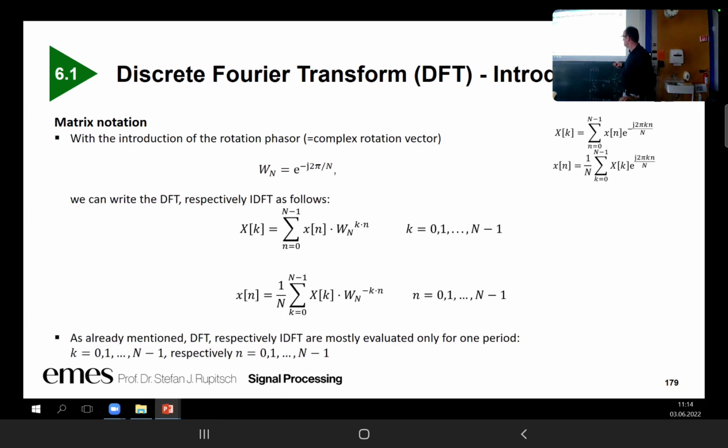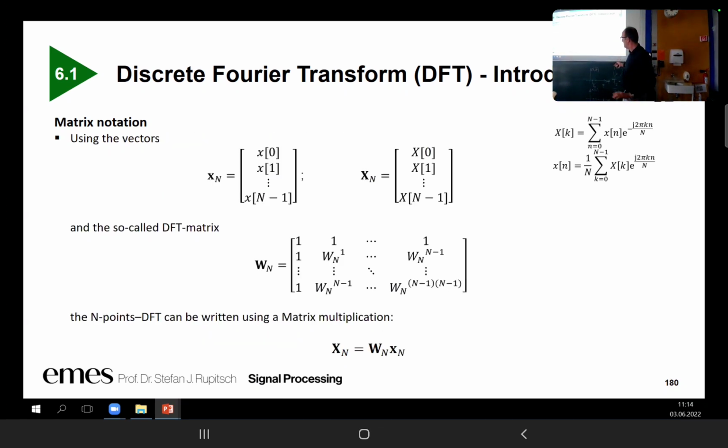And this summation is required due to this summation here. Therefore, we can simply write this down. The discrete Fourier transform is a matrix vector multiplication. And this works for the direct discrete Fourier transform, but it also works for the inverse discrete Fourier transform.